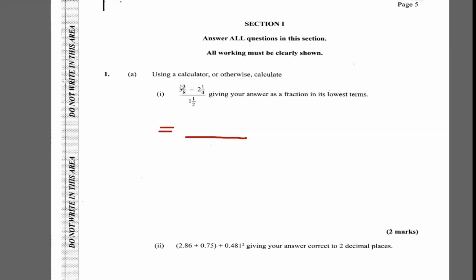All right, so 3 and 3 over 8, subtract 2 and a quarter. In the numerator, that's going to give us 1 and 1 over 8. Work out the numerator first, and then we're dividing it by 1.5.